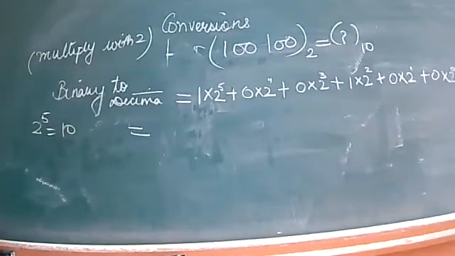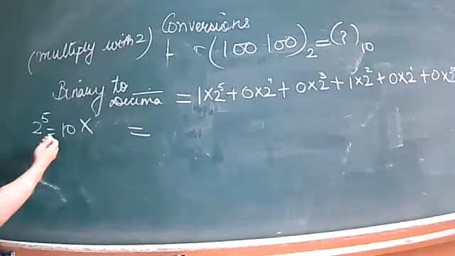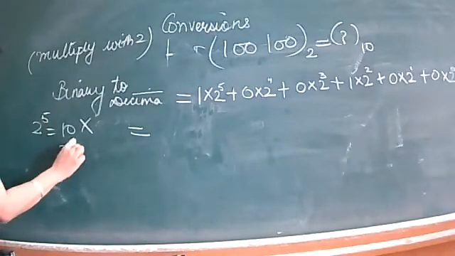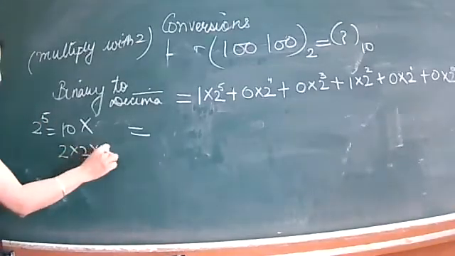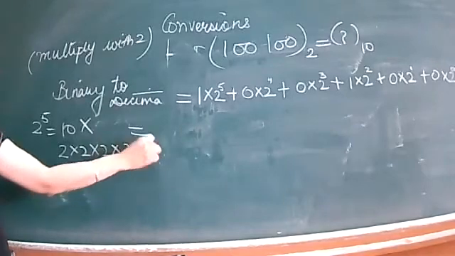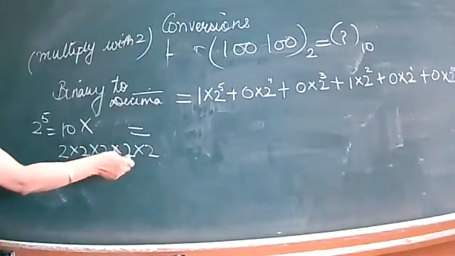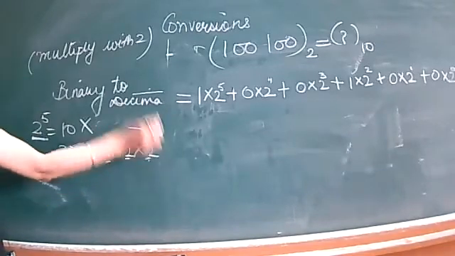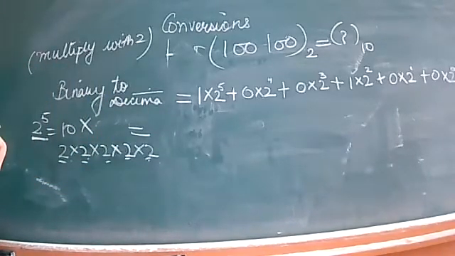No, this is wrong. 2 raised to power 5 does not mean that you multiply 2 with 5. 2 raised to power 5 means you have to multiply 2 five times. 1, 2, 3, 4, 5. Five times you have to multiply 2. Clear?